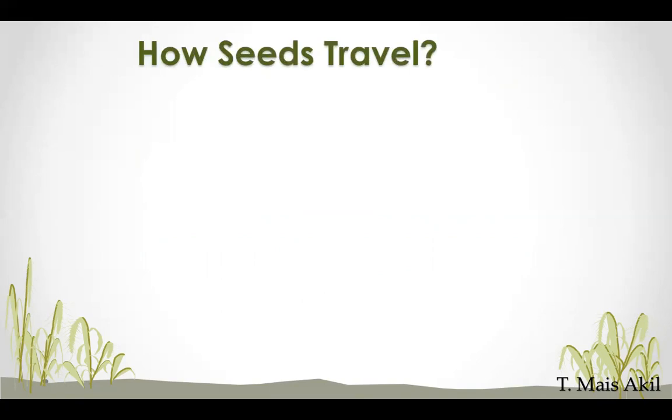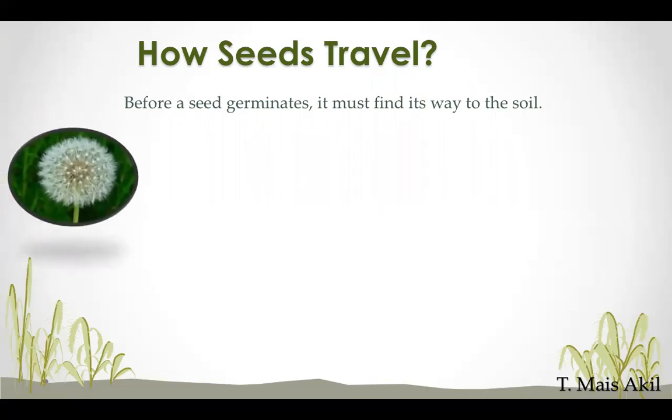The seeds need to move from the fruits into the soil so they can grow into new plants. There are many ways the seeds can travel. Before a seed germinates, it must find its way to the soil. How could it find its way to the soil? We have here a kind of plant called a dandelion.